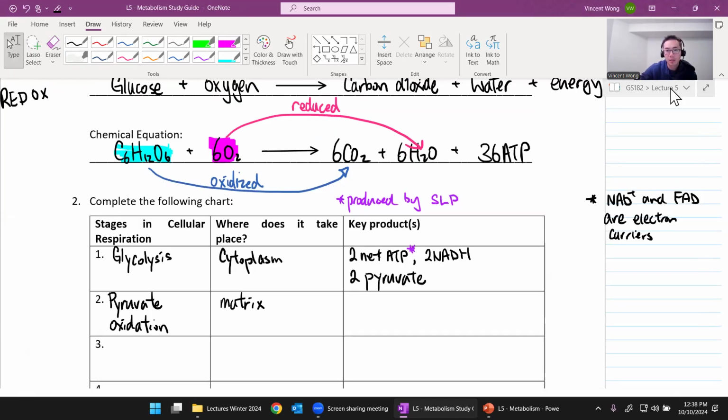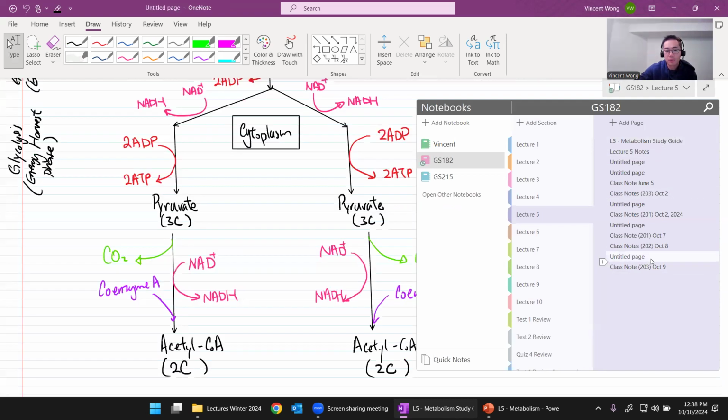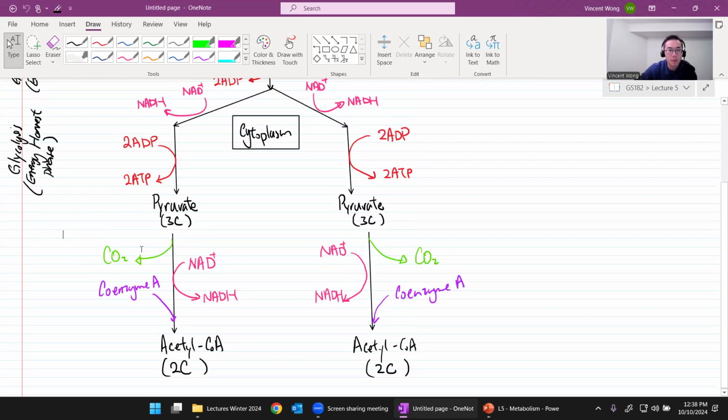Let me go back to the notes for you. Number 1, we're going to remove carbon dioxide. So it changes from 3 carbons to just 2 carbons in the end. And then we are going to capture some high energy electrons with NAD+.